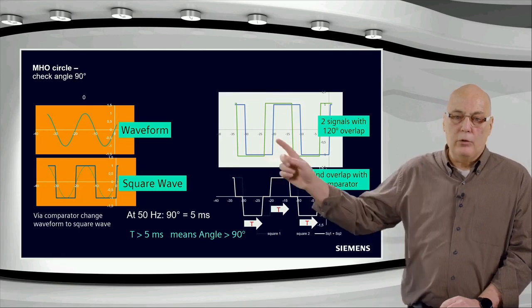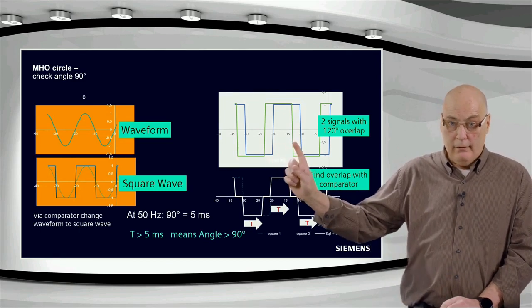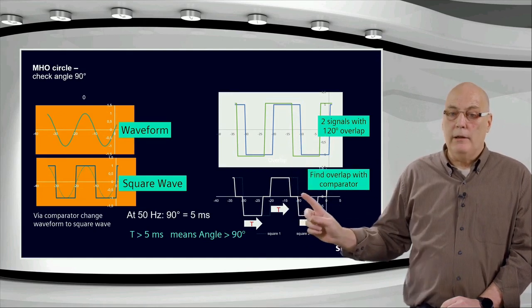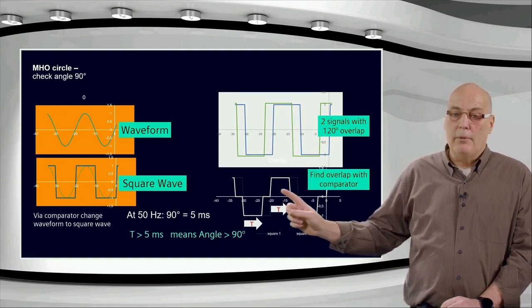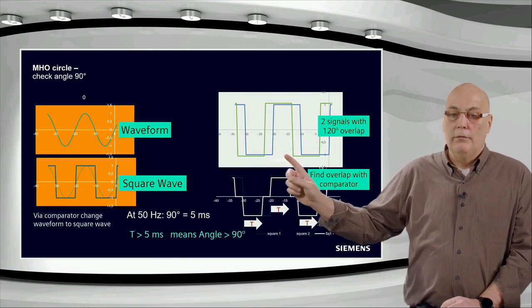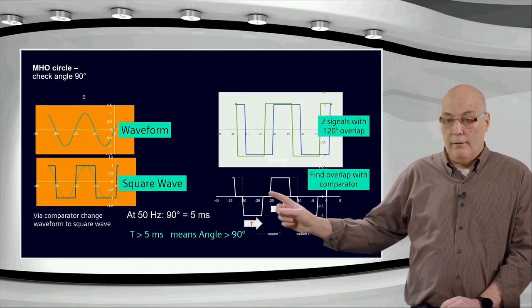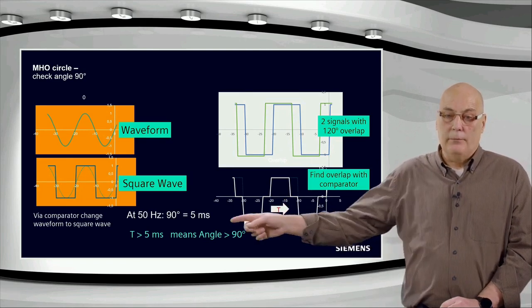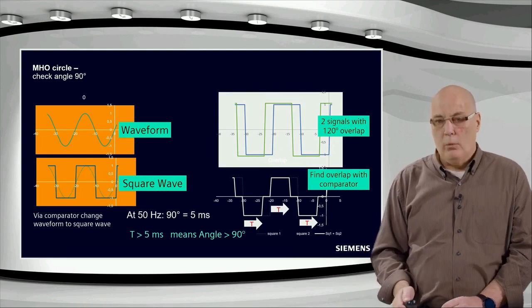Then you take the two square waves of which you want to compare the angle, and you overlap them through another comparator, and you get basically the interval of overlap over here. The interval of overlap is the definition of the angle. Over here, we have an angle which is larger than 90 degrees because the overlap is larger than 5 milliseconds.